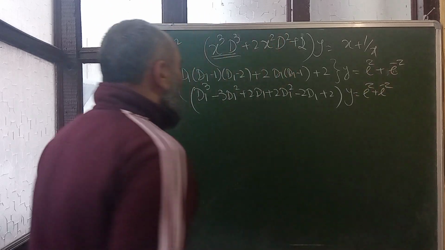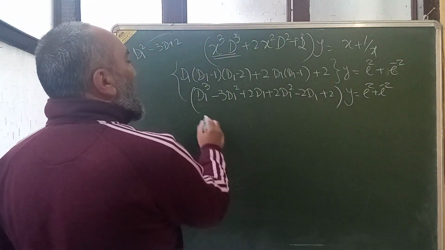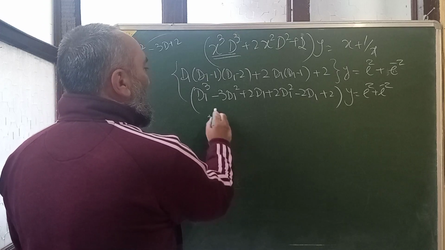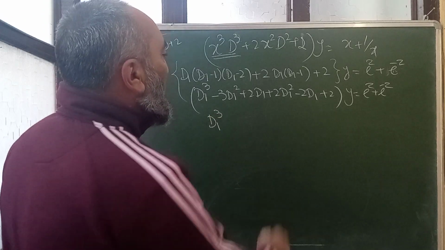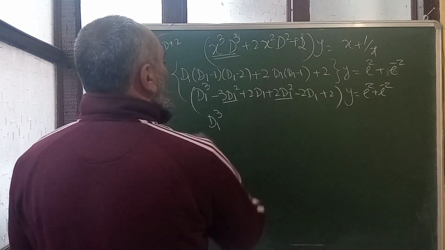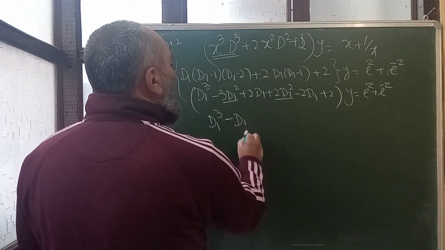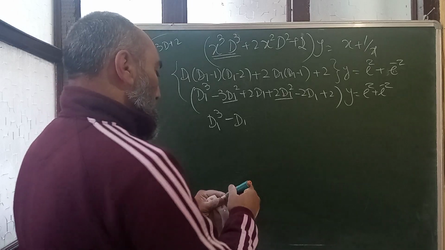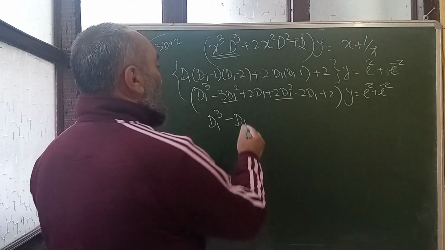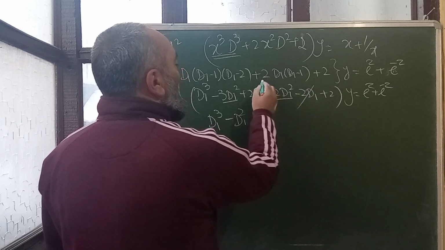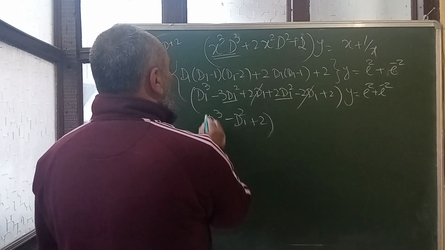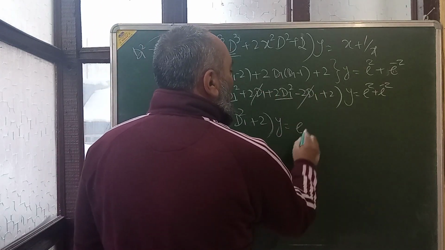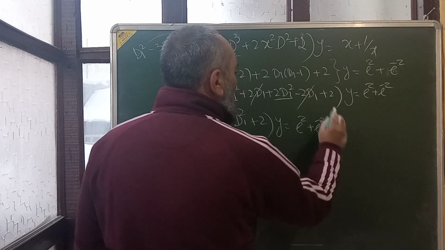So this is D₁³ − D₁² + 2 operating on y = e^z + e^(−z).